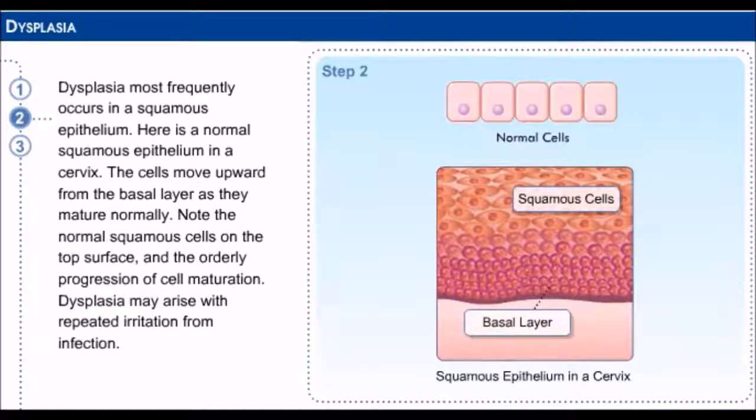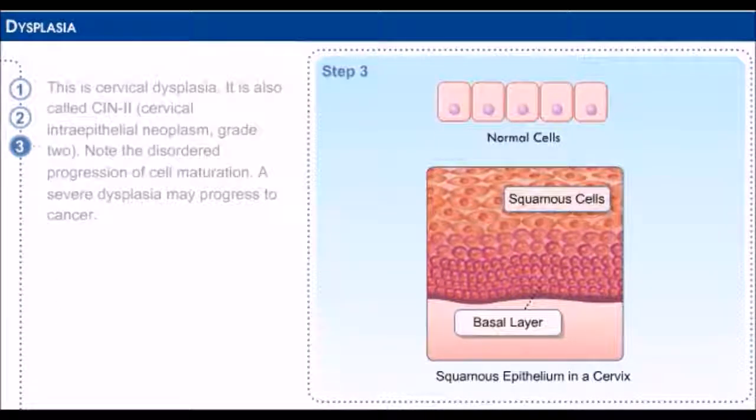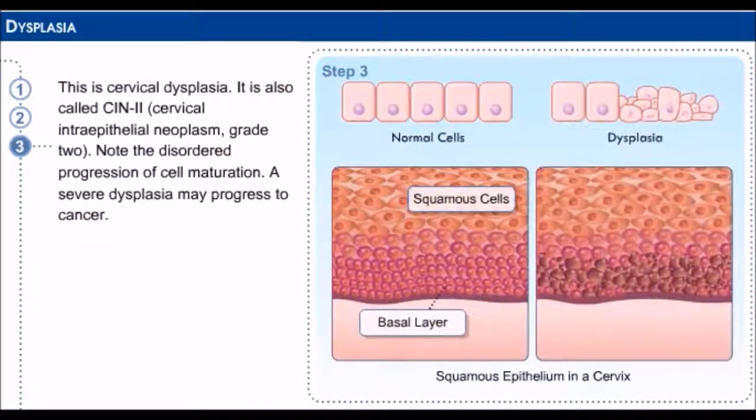Note the normal squamous cells on the top surface and the orderly progression of cell maturation. Dysplasia may arise with repeated irritation from infection. This is cervical dysplasia. It is also called CIN2, cervical intraepithelial neoplasia, grade 2. Note the disordered progression of cell maturation. A severe dysplasia may progress to cancer.